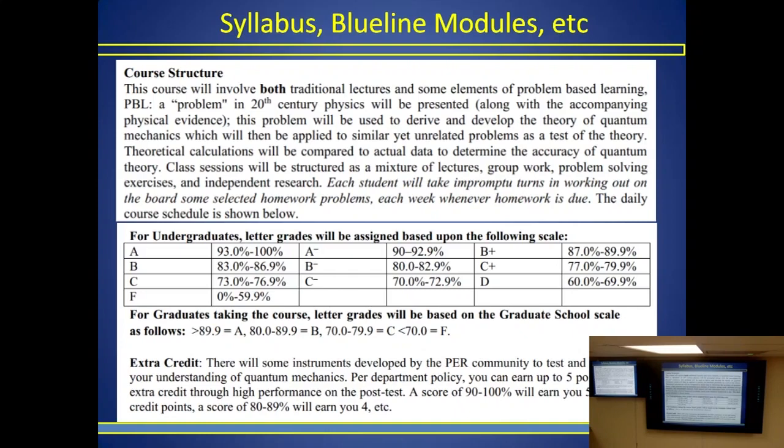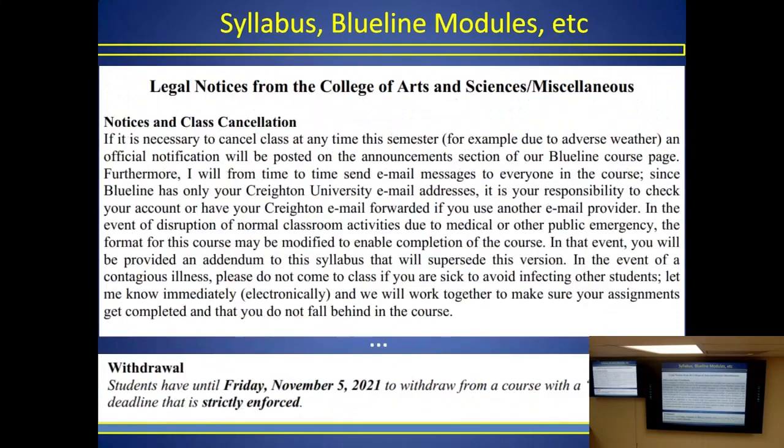And you have hard copy. Is that okay? Can we go faster? So there are some legal notices, things about class cancellation, and there are lots of others in the syllabus. Disability, accommodation, and all that. So please make sure you go through it.